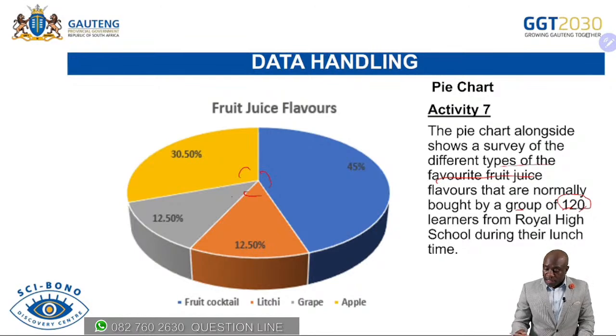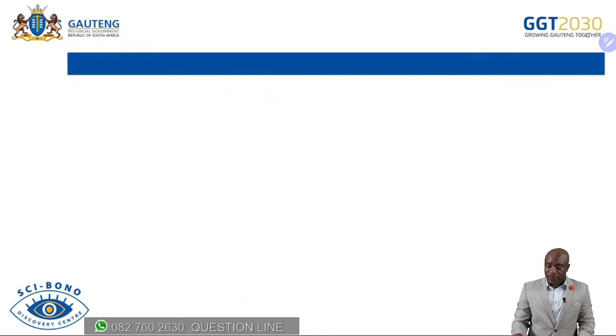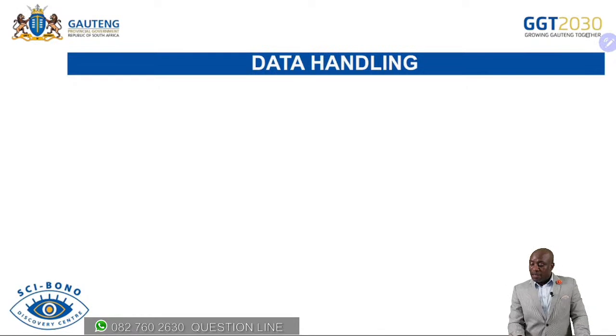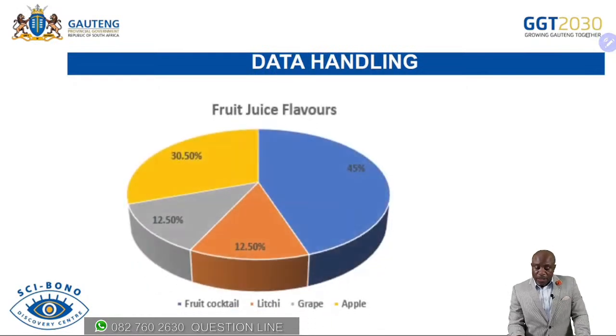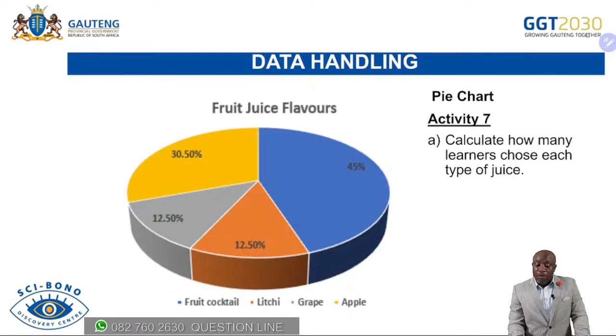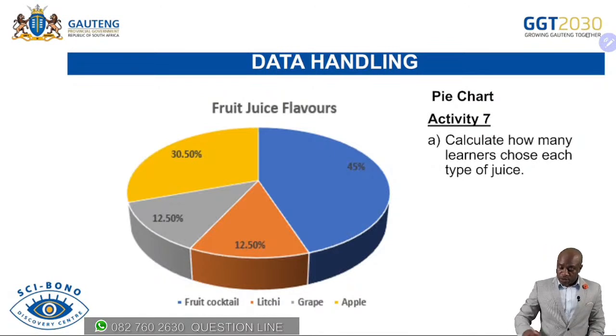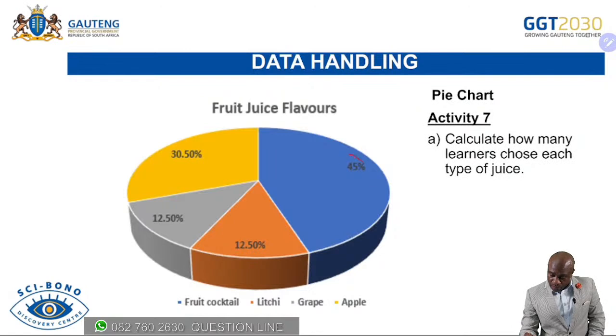Right, so let's answer the first question. The first question that we're having there is, calculate how many learners chose each type of juice. So we'll start where we have the 45%. The people that drank the fruit cocktail were 45%. Most of us don't know what to drink.